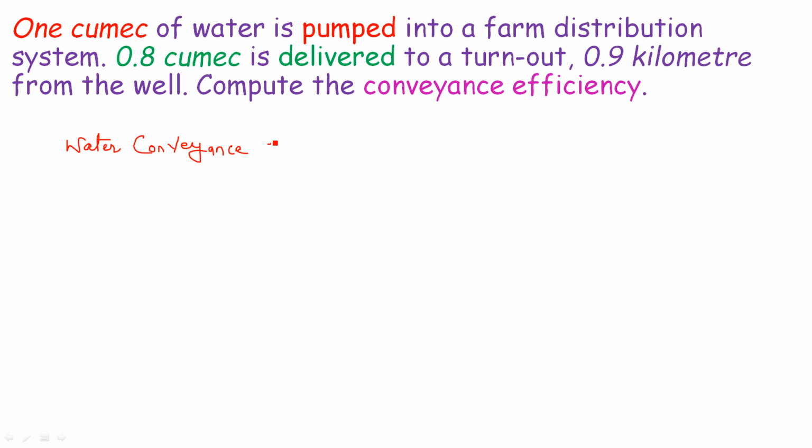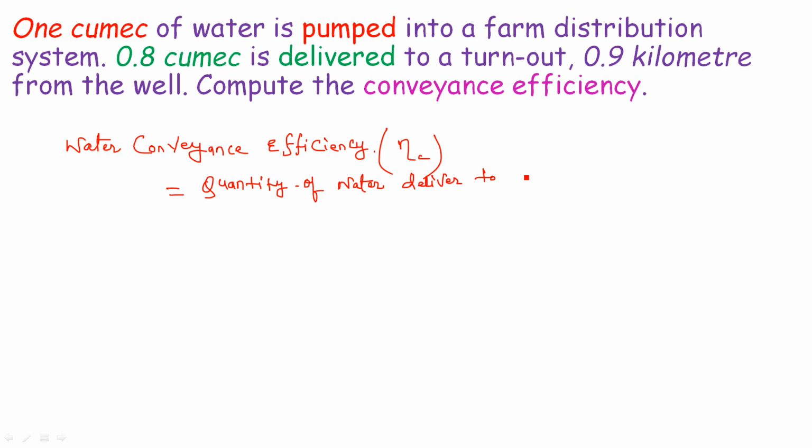The water conveyance efficiency, designated as eta C, is equal to the quantity of water delivered to the field divided by the quantity of water diverted into the canal system.